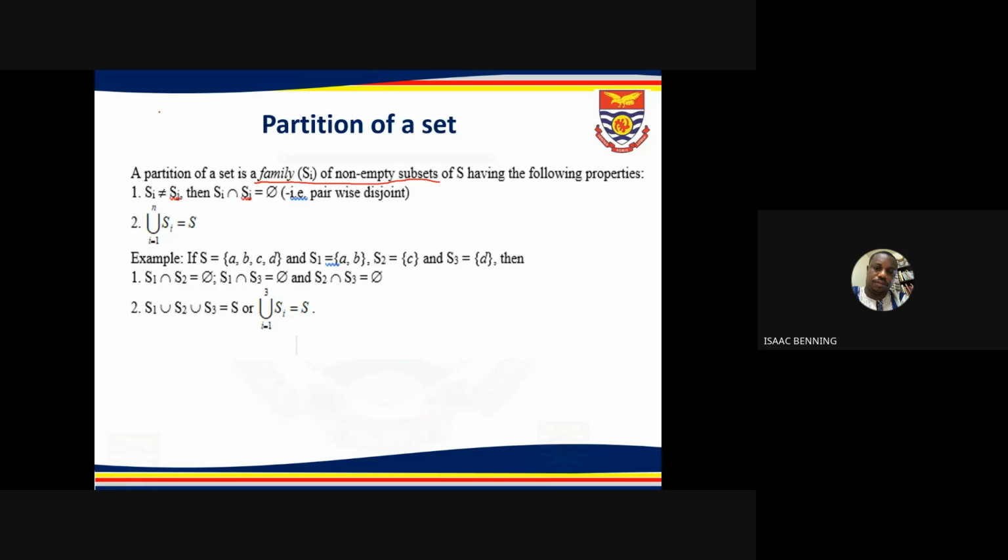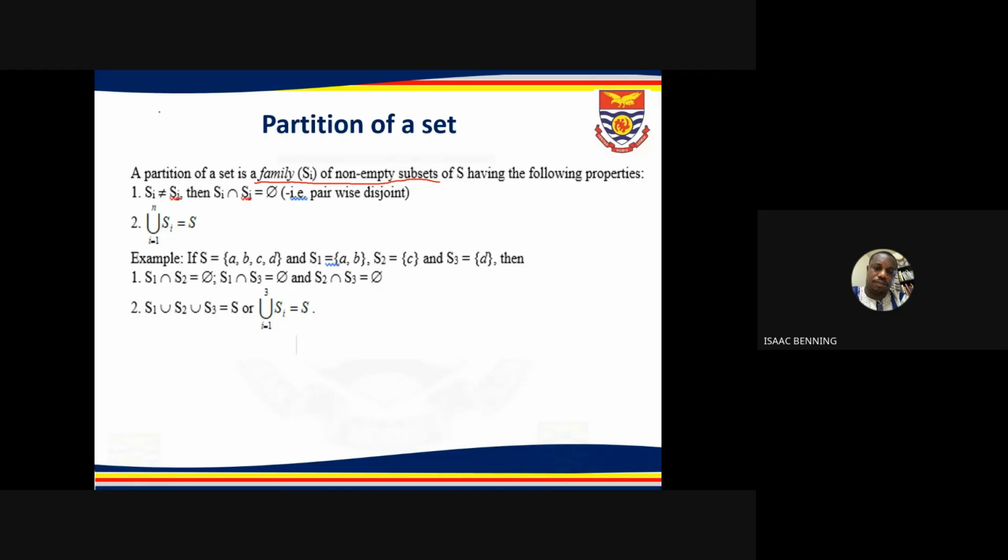So we are saying that a partition of a set is a family of non-empty subsets. So when you have a set and you are listing all the subsets, we are not going to include the empty set.